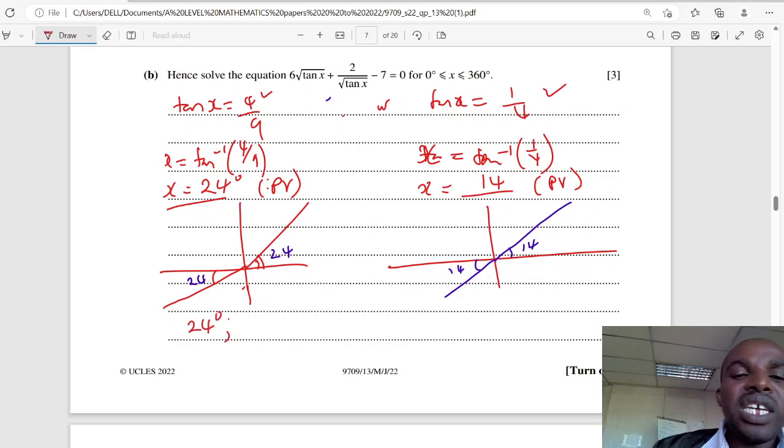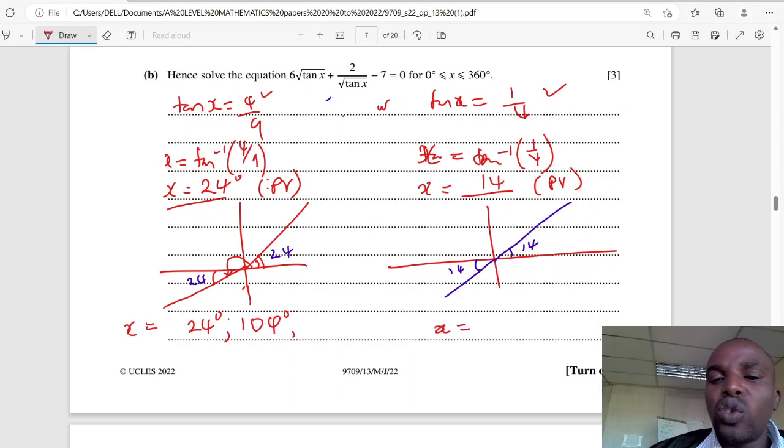The second solution between 0 and 360 is from the positive x-axis to the second line, so it's 180 plus 24, which is 204. Then on this part, these are the values of x. The first angle is 14 degrees. Then the second angle from the positive x-axis to this line, 180 plus 14, is 194 degrees. So these are the solutions for theta.